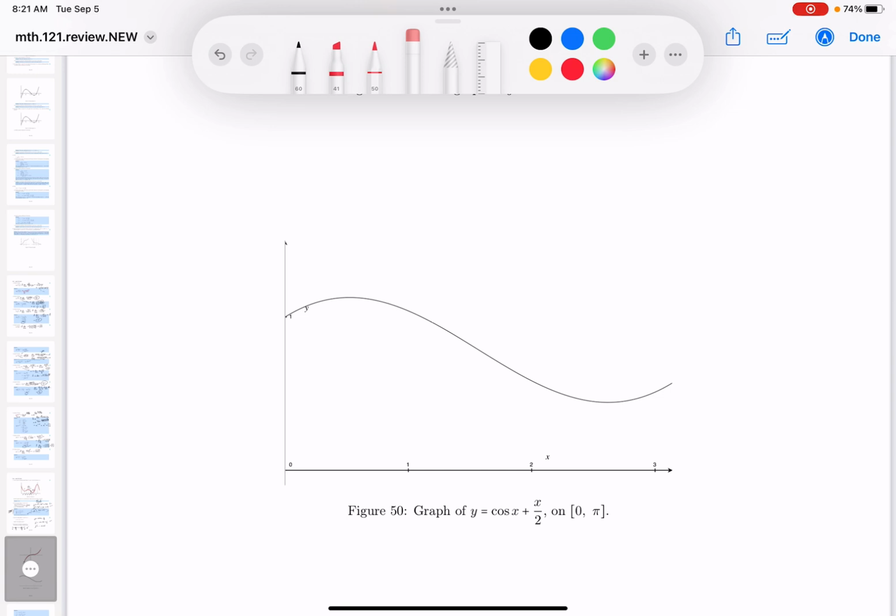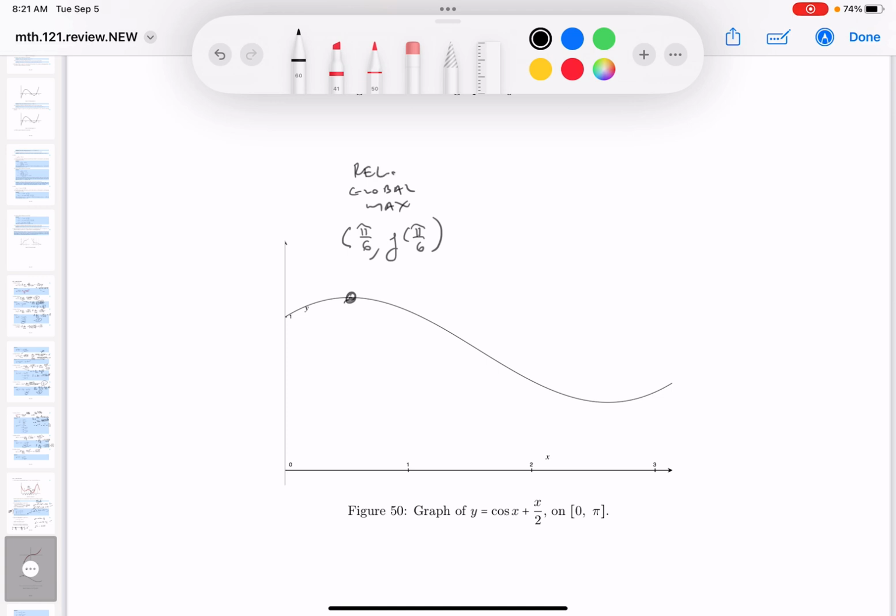All right, so I'm making a claim over here that this is a point, and that's going to be pi over 6. I'm just going to write down f of pi over 6 over here. And what's this thing? I'm going to say this is a global max on that interval, by the way. It's also a relative max, all right?